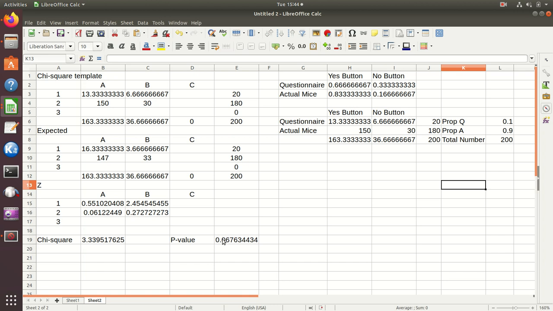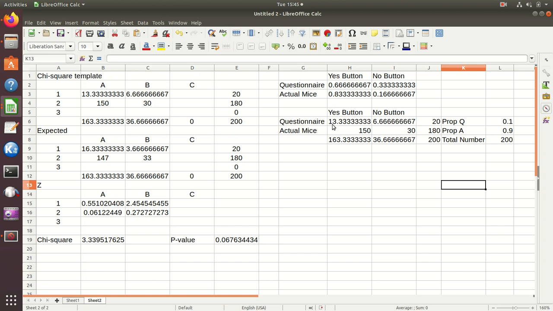I would say, well, actually there's almost a 7% chance that these two proportions actually came from the same population of tendencies, I guess would be the way to put it. And so we don't know that either of them is the correct proportion. It's probably neither of them, but we would have to say that we don't think they're actually different.